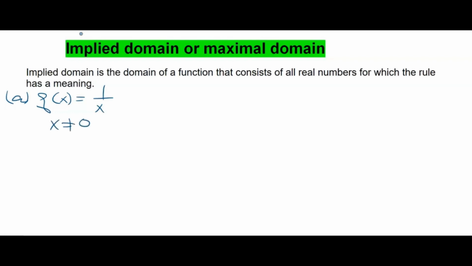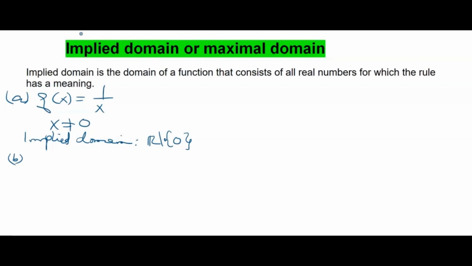So that means my implied domain for this particular function will be all real values, such that all real values are a solution to this, except 0.